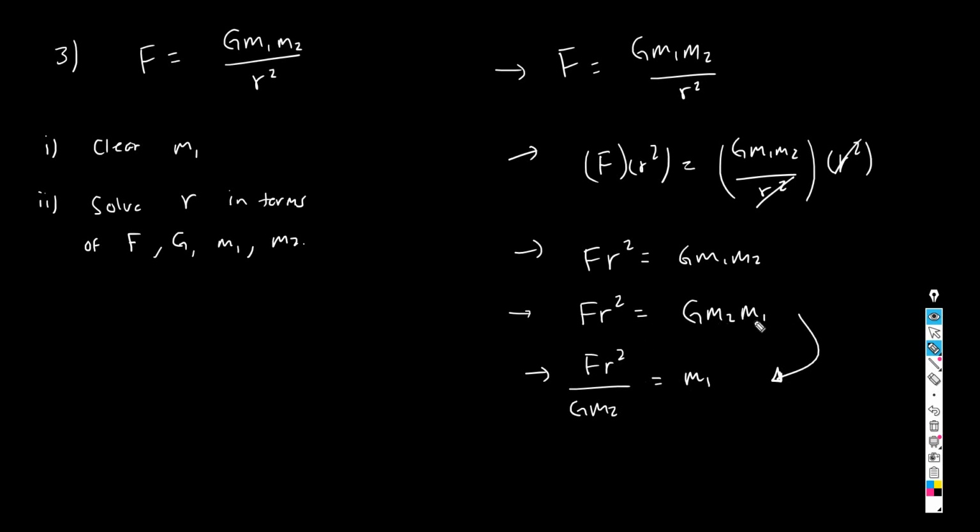I just went like, okay, we have M1 here, and I have this little thing in here, so I can divide both sides, this side and this side, over GM2, and I'm going to get this, and I'm done. F R squared over GM2. So as you can see, we have cleared M1.